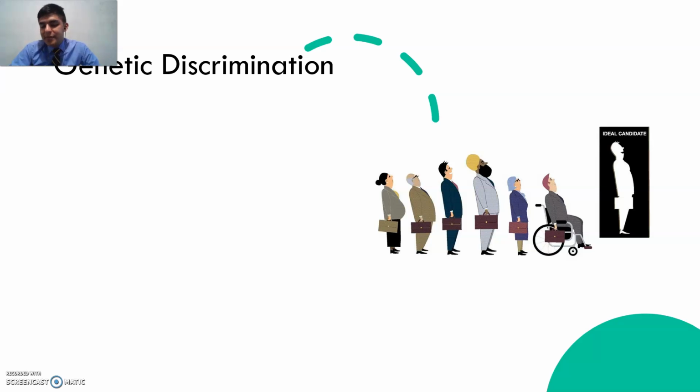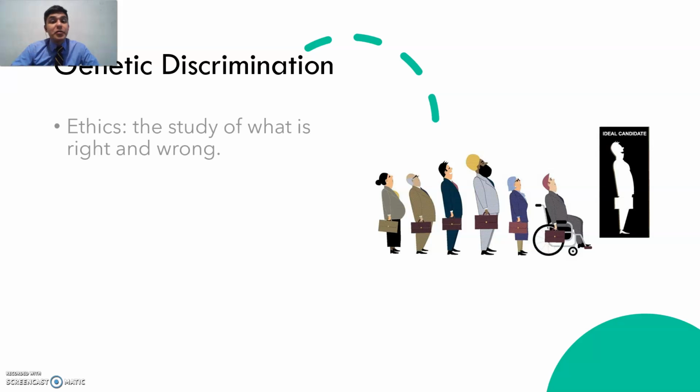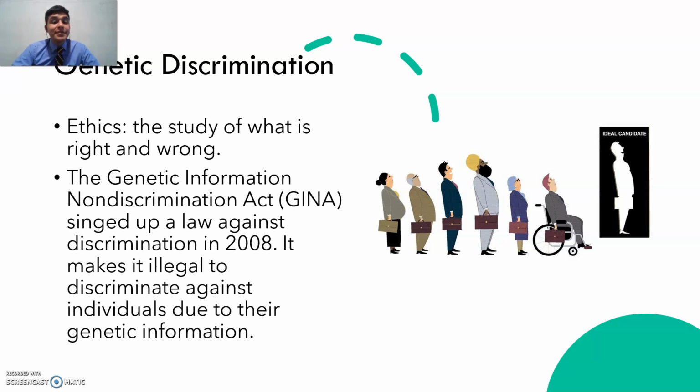And of course, at some point in some jobs, you need a person with certain abilities for the job, right? But it's just a general example about discrimination in some cases. And for discrimination, we have to analyze the topic of ethics, which is the study of what is wrong and what is right.